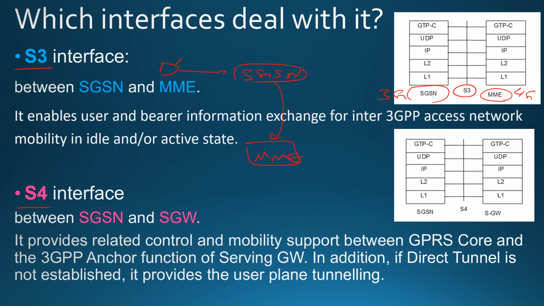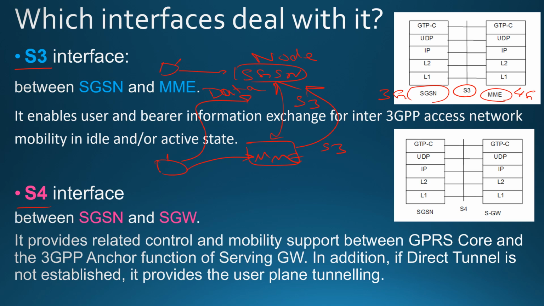This interaction can be done by the S3 interface, and when the mobile sends its signaling control to the MME, it can give permission to the SGSN for sending its data through this node. It can use the S3 interface for following its data messages to the destination.